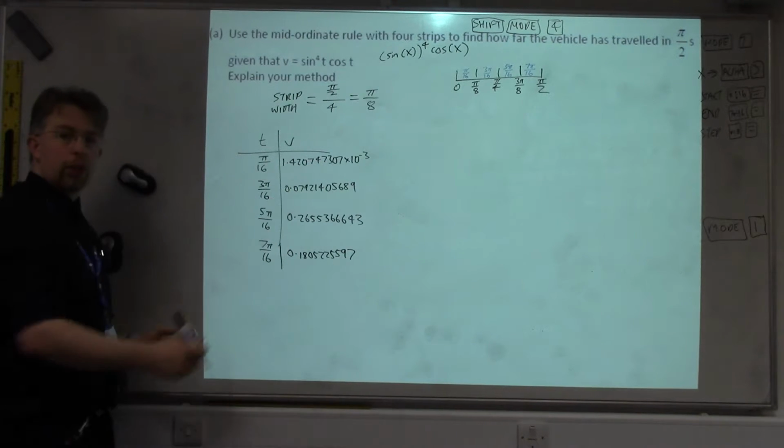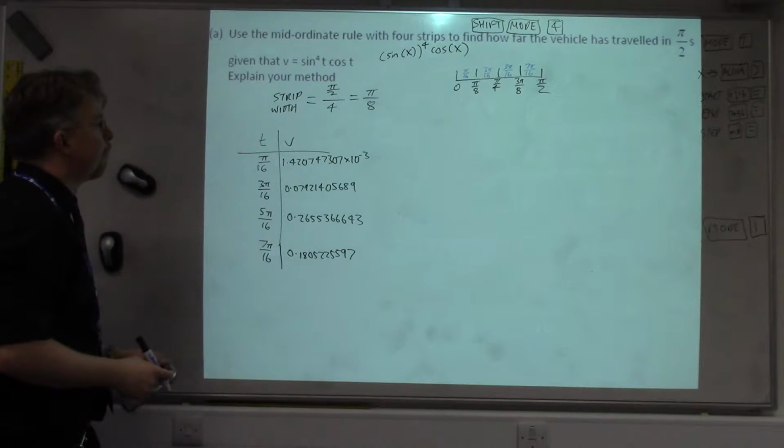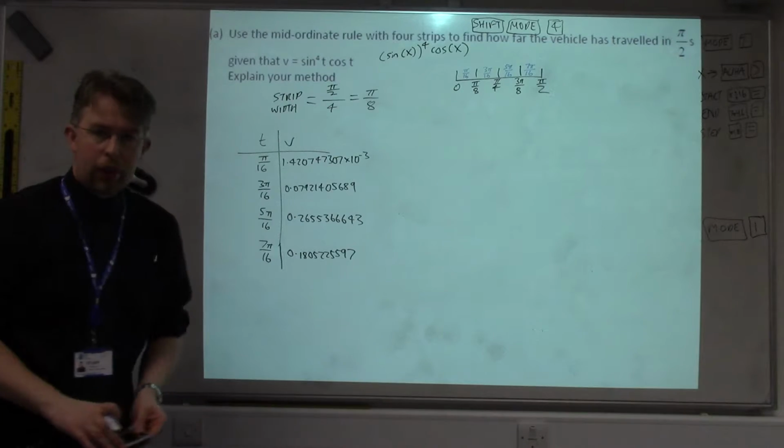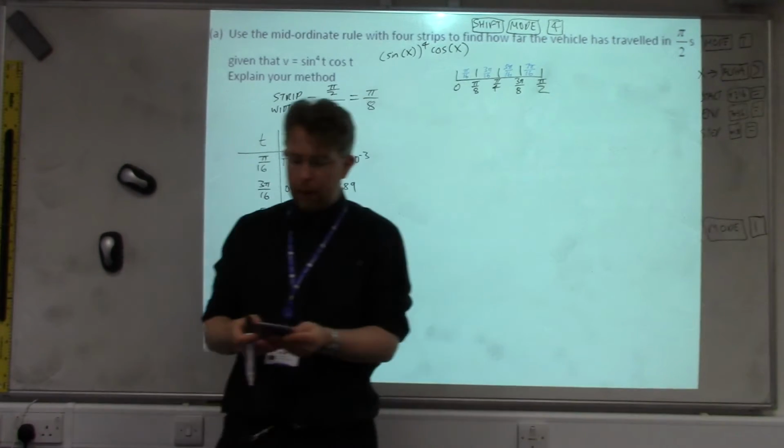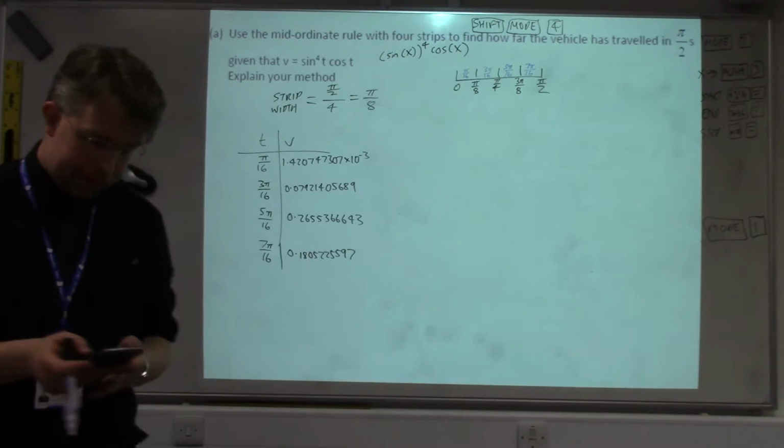Be careful, because one of the answers is in standard form. Now for the mid-ordinate rule formula, we'll need to press mode 1 to go back to normal calculator mode.